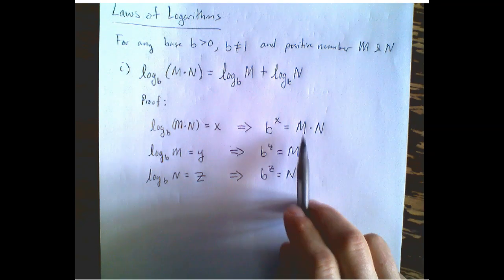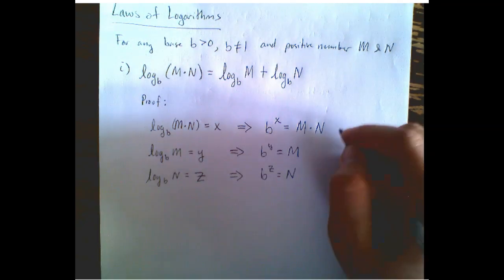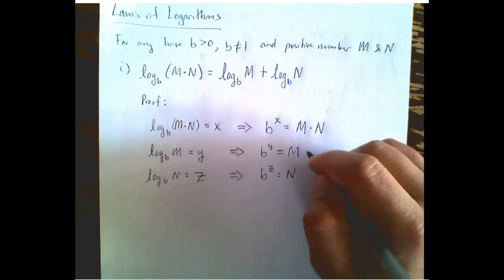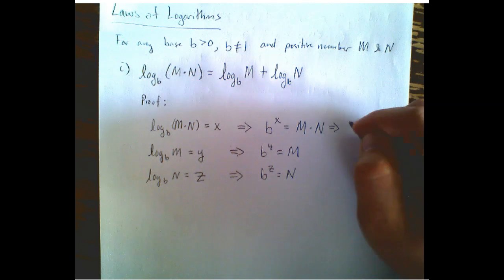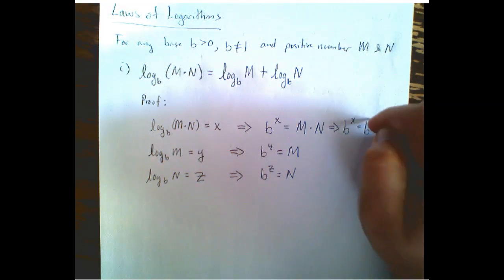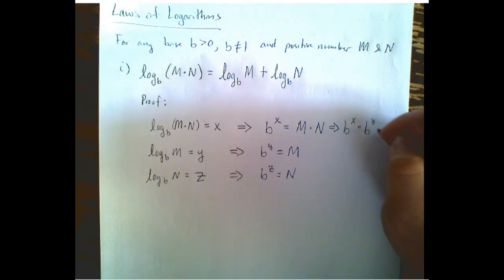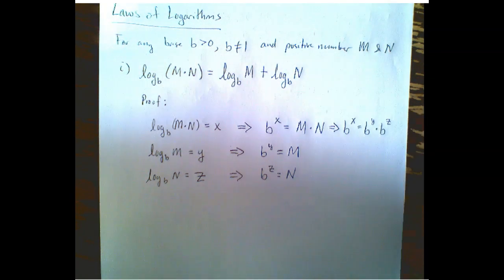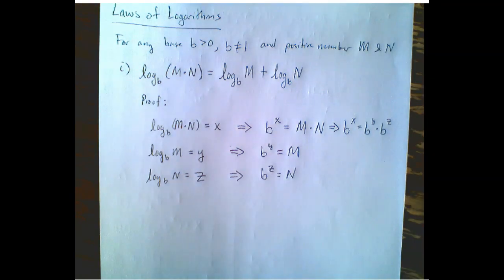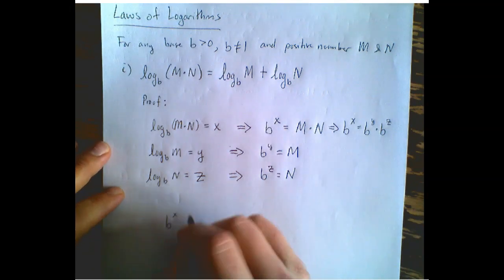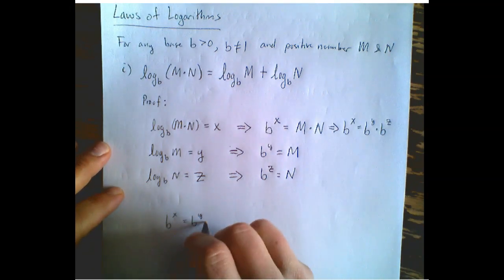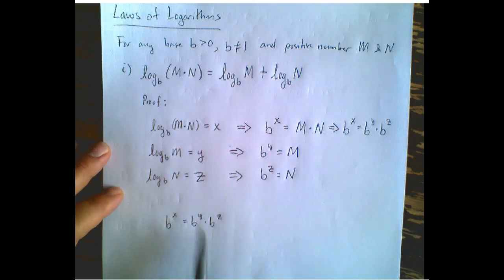Therefore, if we look here, using these two expressions, b to the x equals b to the y times b to the z. Right? So if b to the x equals b to the y times b to the z, then what is y?